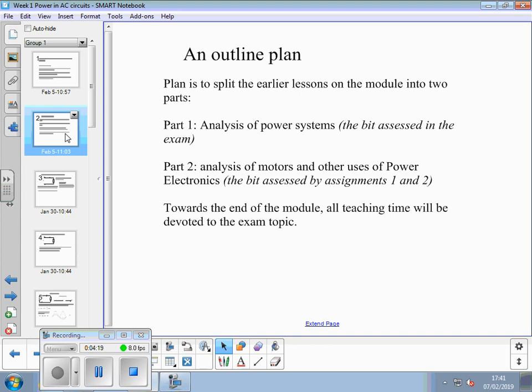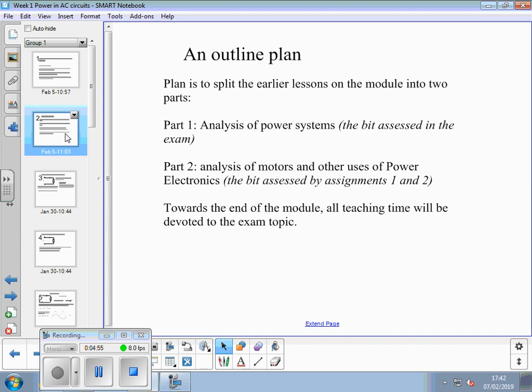And then when the assignments have been issued and done and dusted, sort of halfway through-ish, maybe a little bit more, we'll devote all of the teaching time towards calculations. And certainly when we come to look at the transformer modelling, we start to apply that to a practical transformer on the rig there as well. So it's not all dry and just doing imaginary calcs. We actually prove that transformer model by modelling the transformer on the rig. Alright?